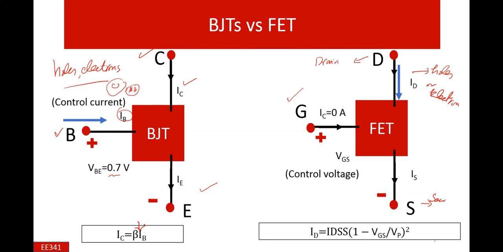Whereas in the FET, we can control the drain current with the variation of VGS, the voltage between G and S, which is the variation of the field. So if we change the field, then the current changes, and this relation will be explained in the next portion and maybe in the next lecture.